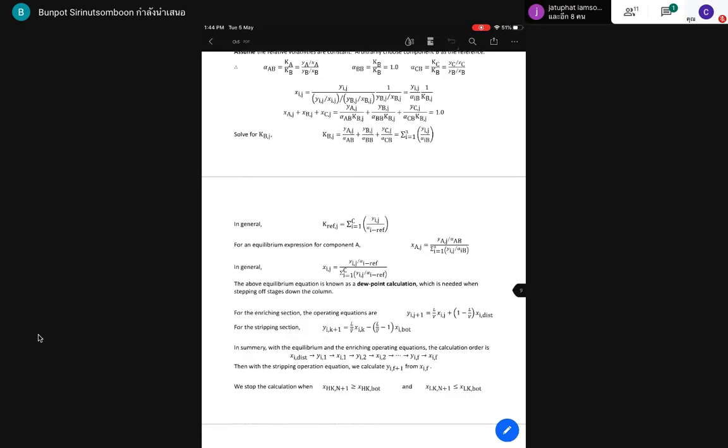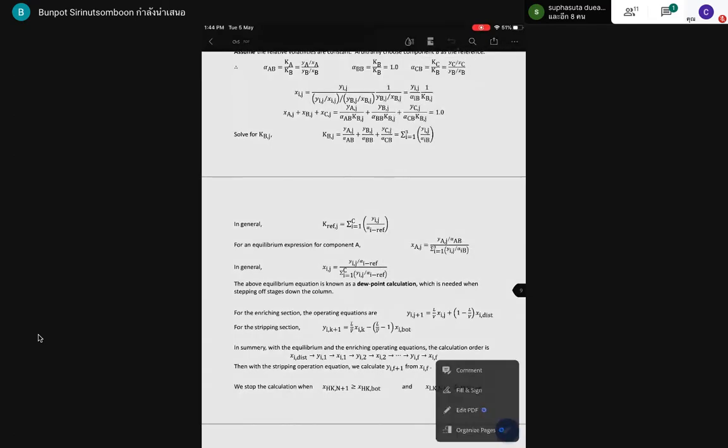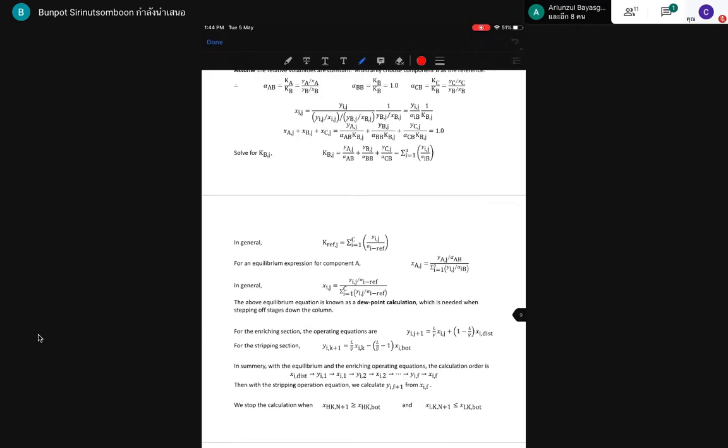The key point is to switch between the equilibrium equation and the operating equation. If we start from the top to the bottom, we will use this equation here, which is the dew point calculation.